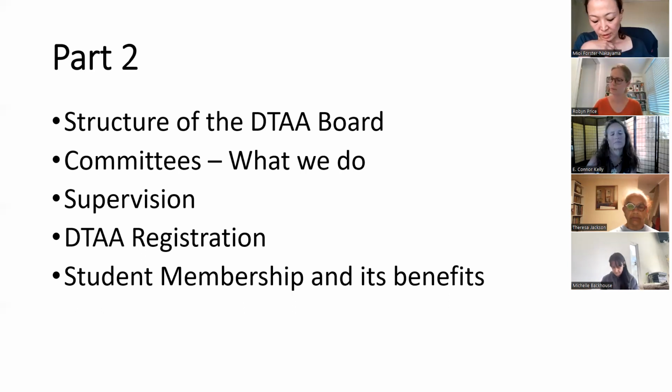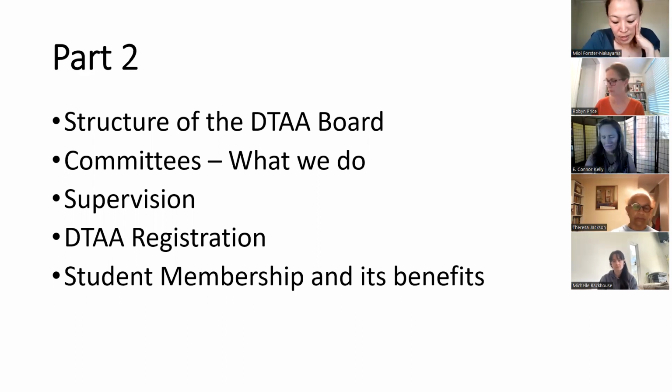This handbook has 15 pages and gives a very good overview of the DTAA history, why we are doing this, what missions we have, who the past presidents were, how we work, and the structure of the governance.